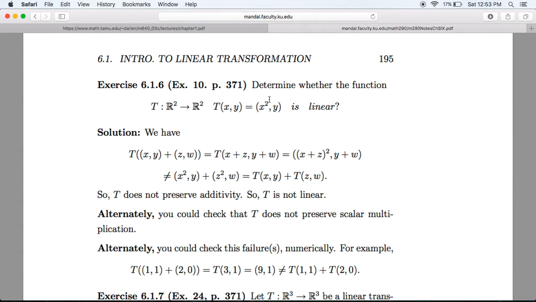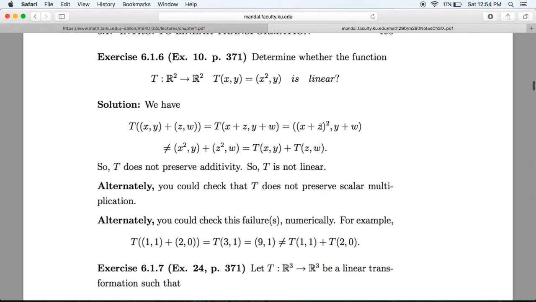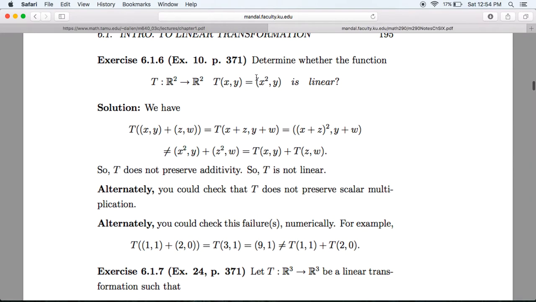If there is an exponent which is more than 1, then the transformation can't be linear, because lines won't remain lines, as we have seen in conics, that the equations of lines are linear expressions, while quadratic expressions can denote parabolas or circles or hyperbolas and so on. Thus, we could have easily said that this is not a linear transformation, but still we need to rigorously show that this is not a linear transformation.